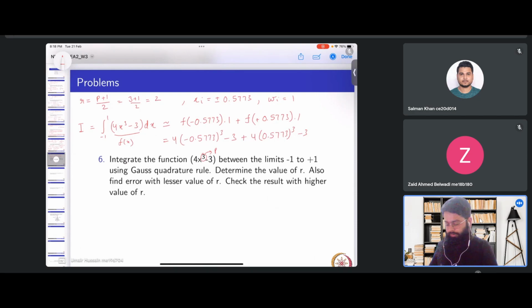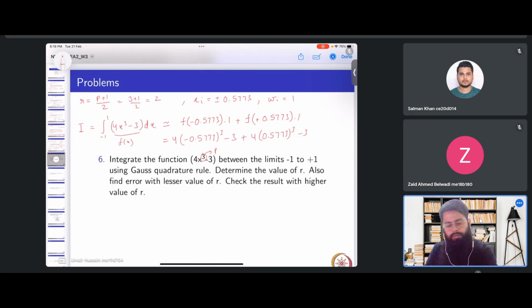I'll just use my calculator for this. So we have 4 times minus 0.5773 whole cube minus 3 plus 4 times 0.5773 cube minus 3.